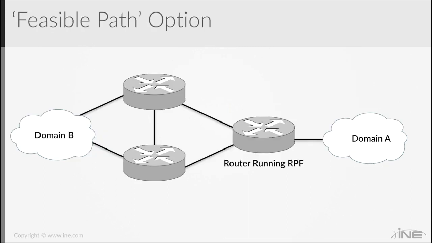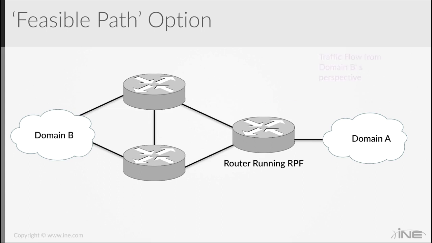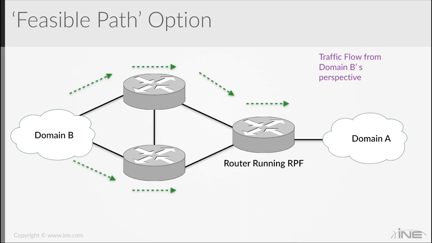Now, besides these two options, you also need to know some environments will need to support asymmetric routing. So for example, say from domain A's perspective to domain B, maybe there's only one route. It's not doing any load balancing of any sort. It's just using this particular route, okay? But from the domain B perspective, these routers in the domain B cloud might be doing load balancing even per packet.